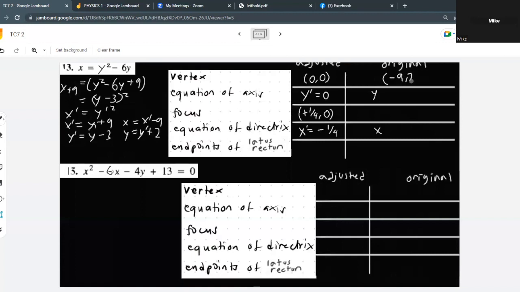Tapos latus rectum naman. I think unahin mo muna yun. So ano yung endpoints of the latus rectum?